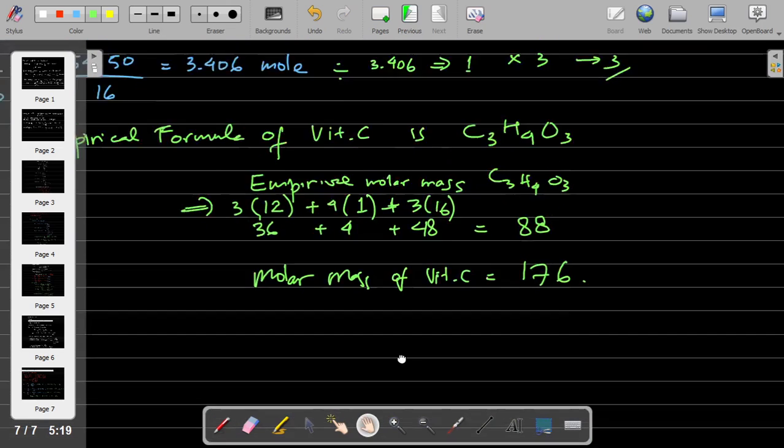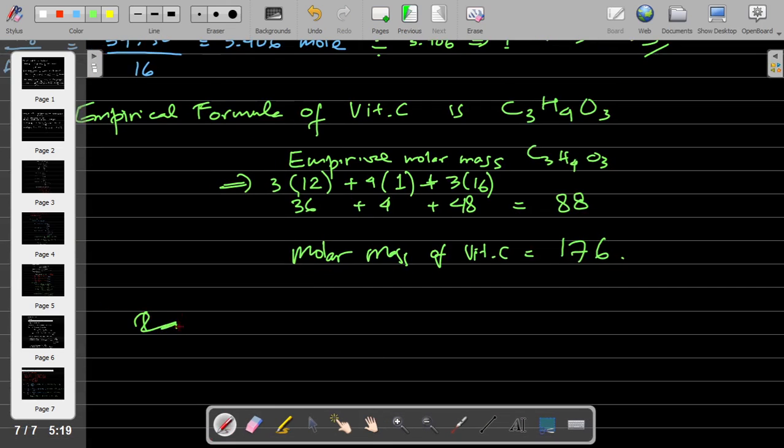So we make a ratio of the molecular mass and the empirical molar mass.